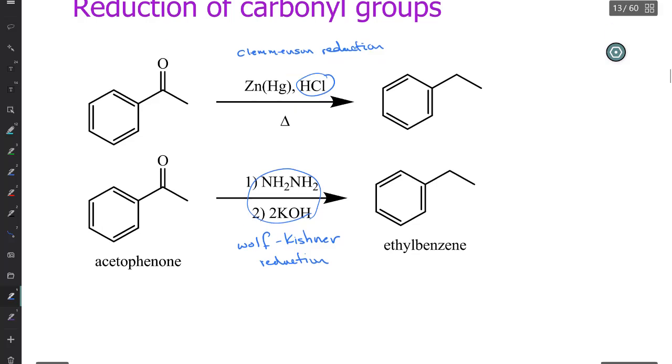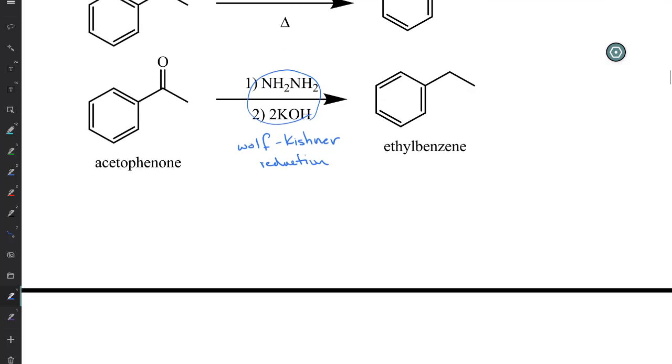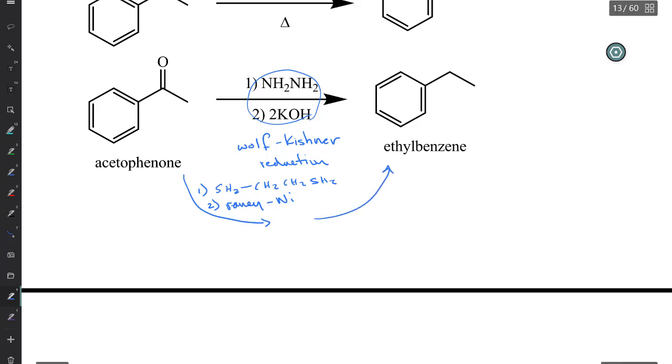The other method that we talked about is called the Mozingo reduction, and that's using a thioacetal. So that's, for example, using HSCH2CH2SH, and his second step is to use Raney nickel, and that will also result in the same.